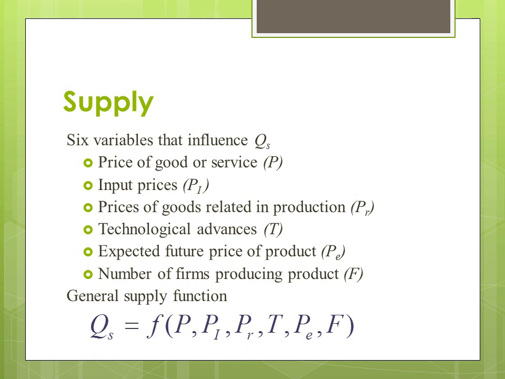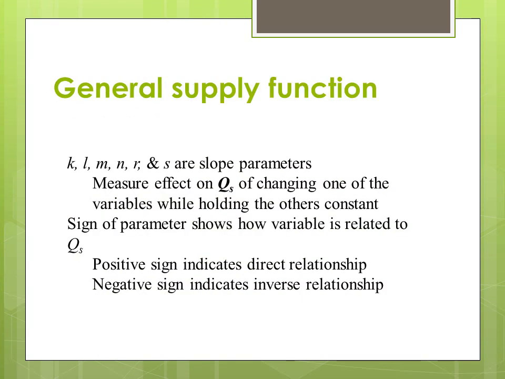So here Q is equal to P, PI, PR, T, PE, and F. Here is the quantity supplied equation, where H represents a constant and K, L, M, N, R and S are slope parameters. Here P, PI, PR, T, PE and F are the variables, which we also call independent variables, and QS here is the dependent variable.